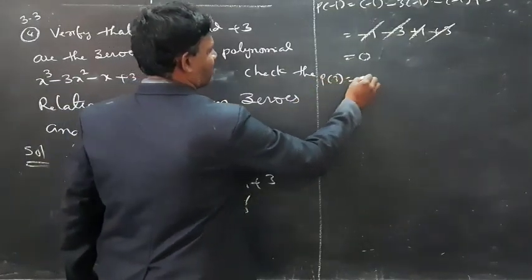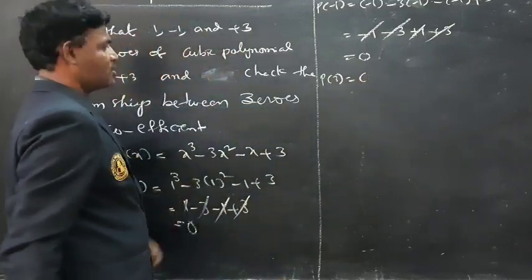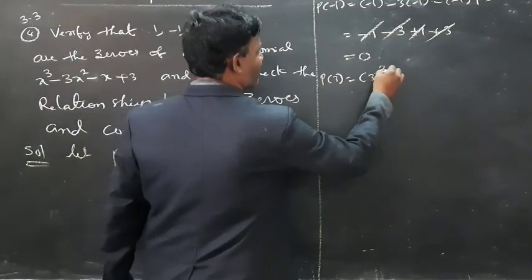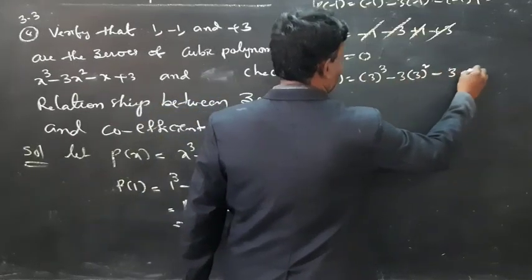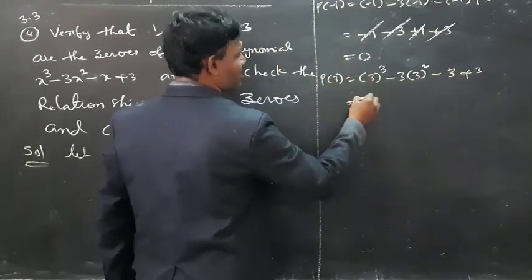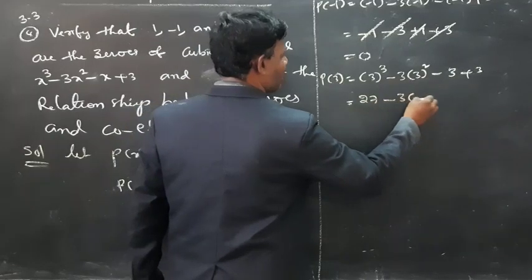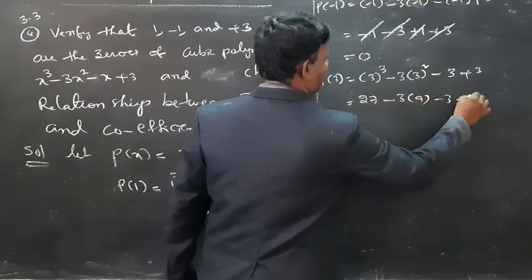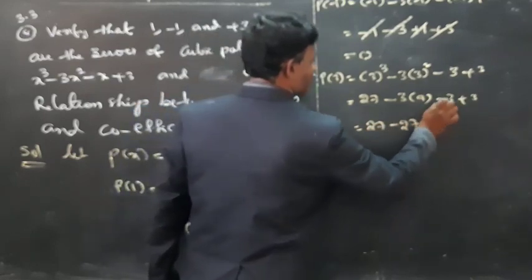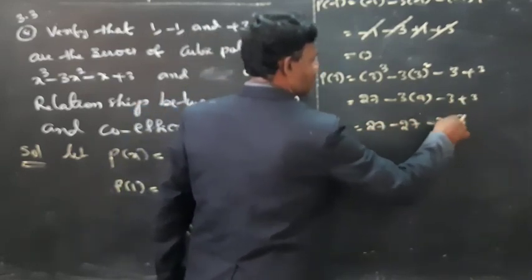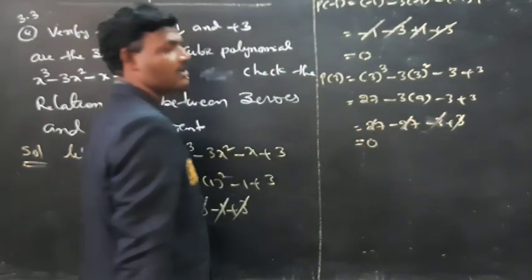P of 3 is equal to x cube means 3 whole cube minus 3 into 3 square minus 3 plus 3. So it is 27 minus 3 into 9 minus 3 and plus 3. 27 minus 27 minus 3 and plus 3. What is the answer? 0.